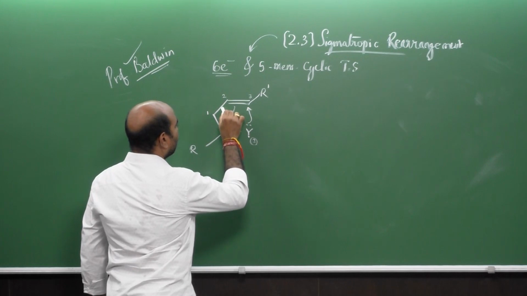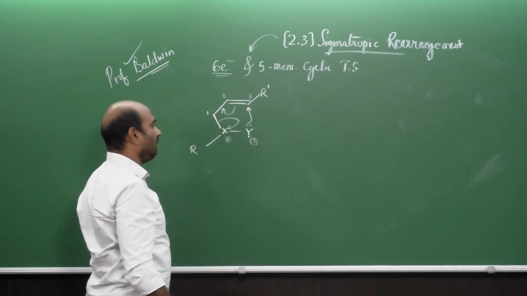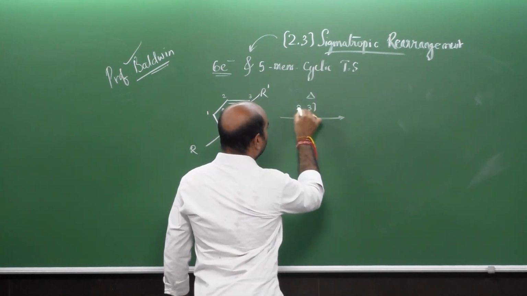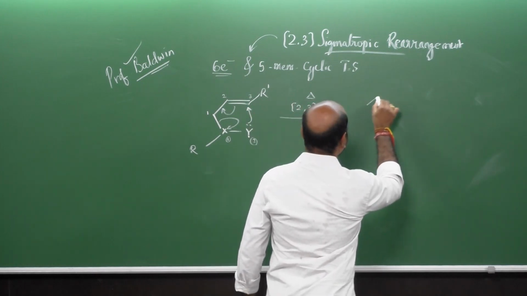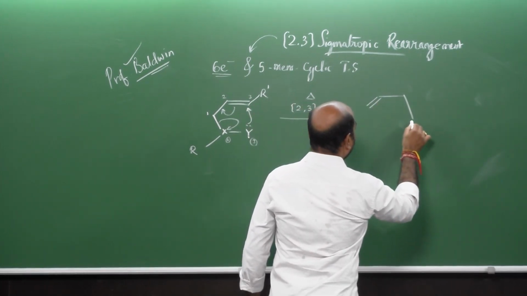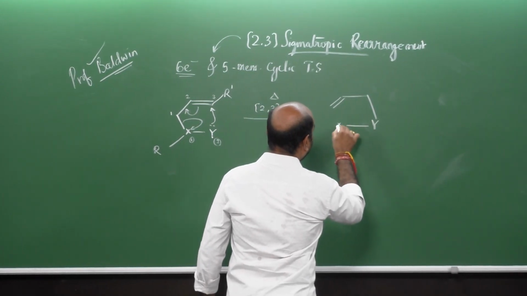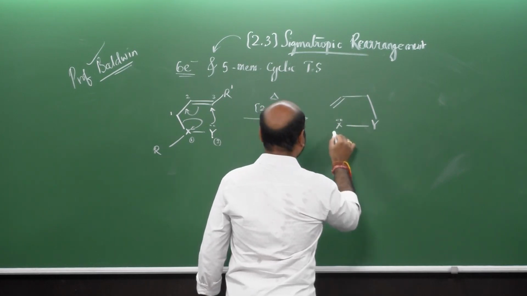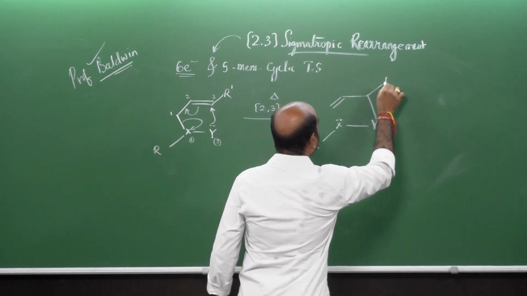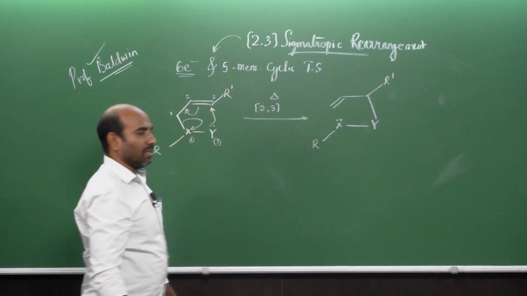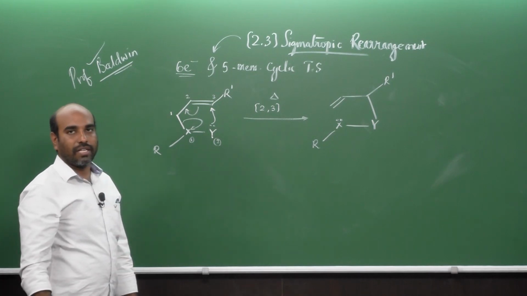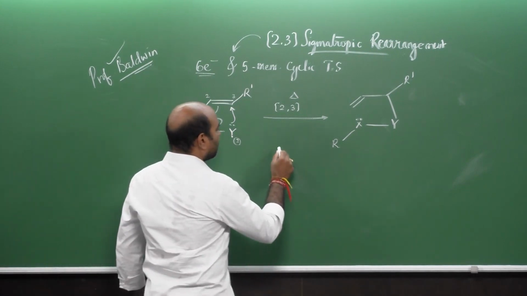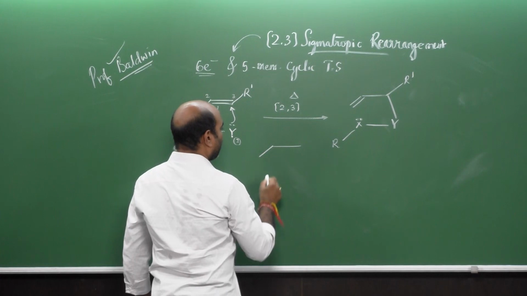This will attack here, this will move here, and this comes on top of the X. Therefore, under thermal conditions, 2,3 sigmatropic rearrangement takes place, resulting in the formation of Y and then X, where X now has a pair of excess electrons, shown here. It is happening via a 5-membered cyclic transition state in a concerted manner. That cyclic transition state can be seen this way.